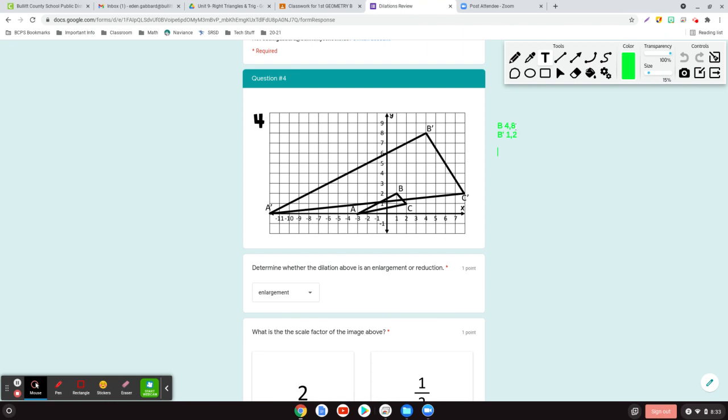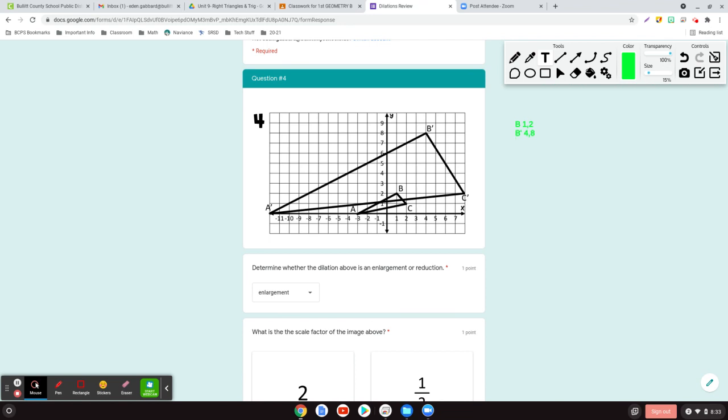I did that backwards, guys. You're letting me slip. So our original B is at 1, 2. And our B prime is at 4, 8. Because this is an enlargement, and I could tell that I messed up, guys, because how can it be an enlargement if our ending numbers are bigger?